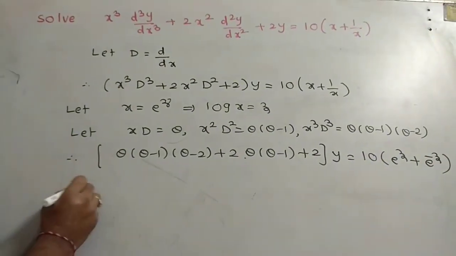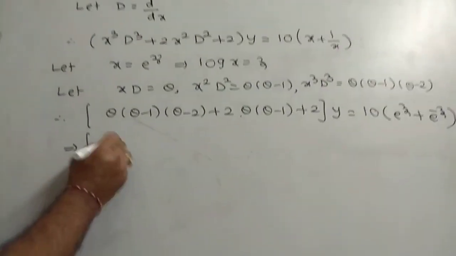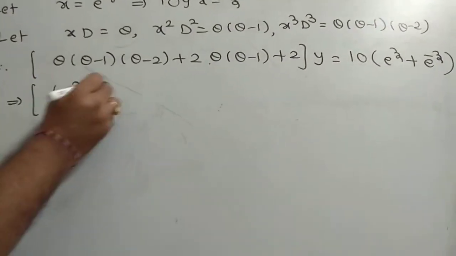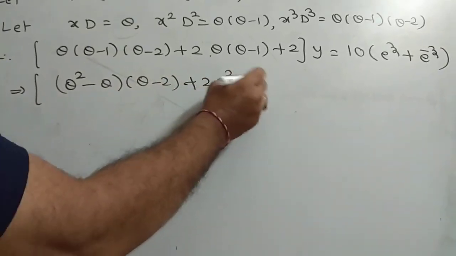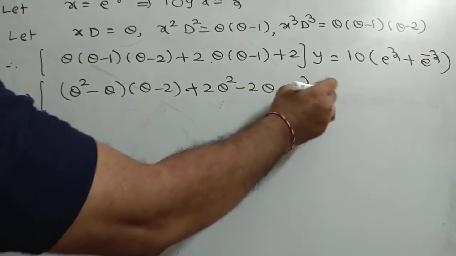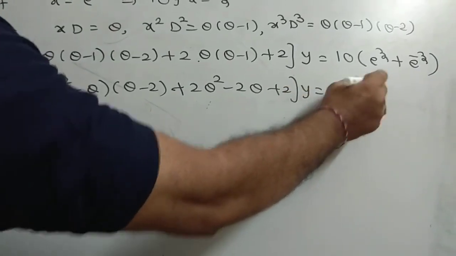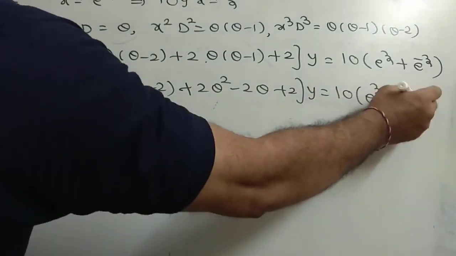Now you make the simplification. If I make the multiplication, theta square minus theta multiplied by theta minus 2, plus 2 theta square minus 2 theta plus 2 of y equals 10 e power z plus e power minus z. Again making the direct multiplication, it becomes theta cube minus 2 theta square plus 2 theta plus 2 theta square minus 2 theta plus 2 of y, equal to 10 e power z plus e power minus z.